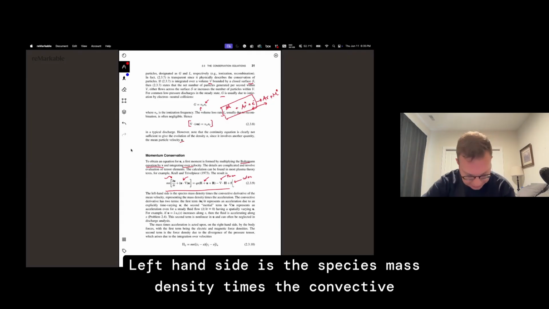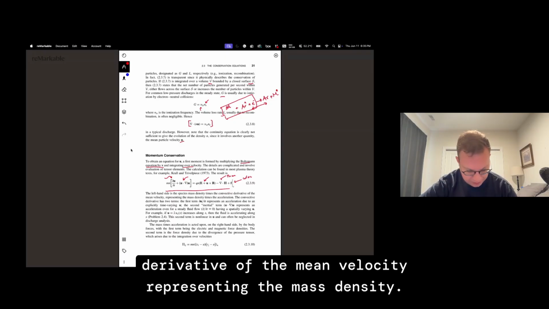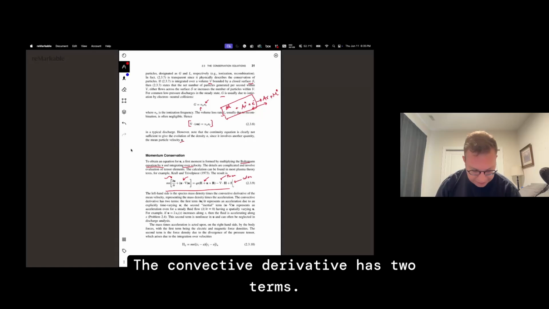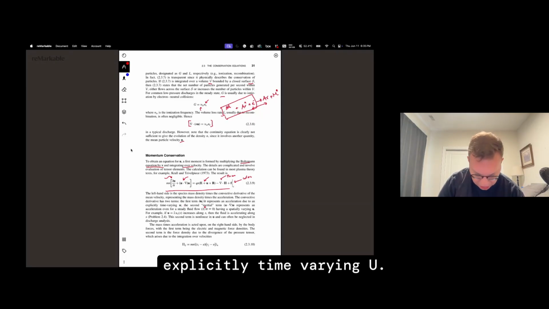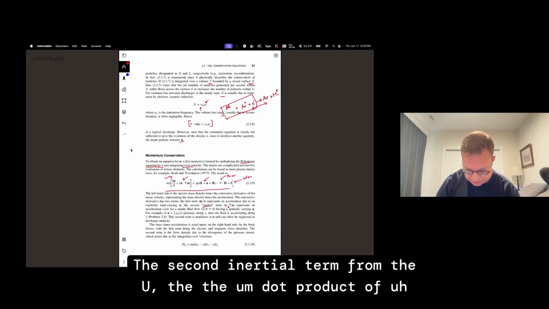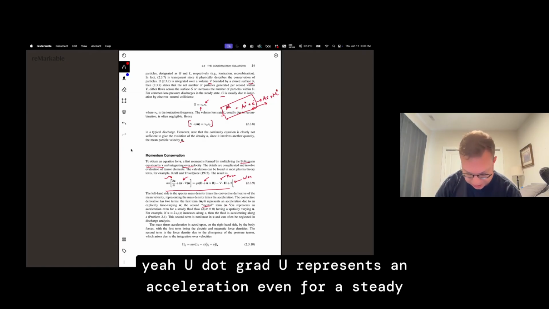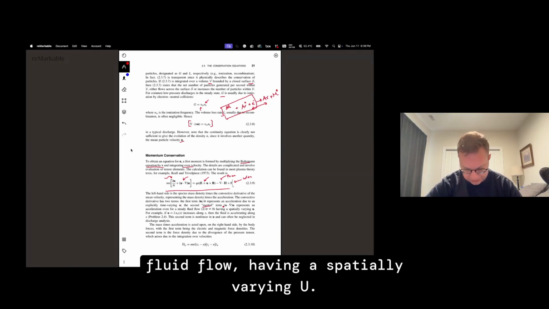Okay. Left-hand side is the species mass density times the convective derivative of the mean velocity, representing the mass density times the acceleration. The convective derivative has two terms. The first term, ∂u/∂t, represents an acceleration due to an explicitly time-varying u. The second inertial term, the dot product of u dot grad u, represents an acceleration even for a steady fluid flow, having a spatially varying u.